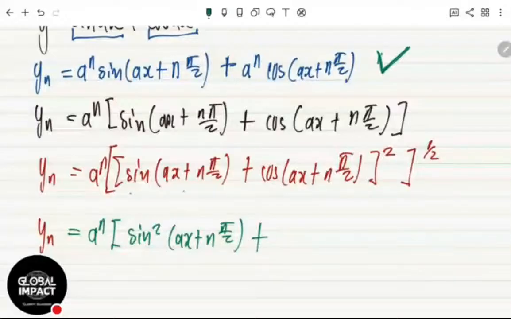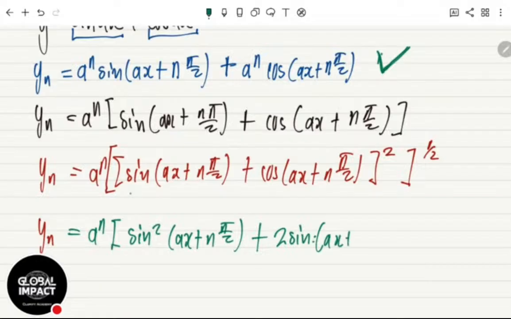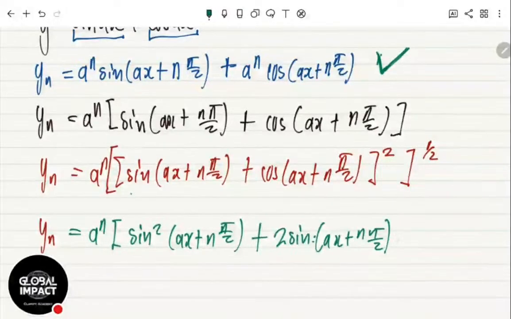Plus, you multiply them together, then you double, so it'll be 2 sine of ax plus n pi over 2 and cos of ax plus n pi over 2.